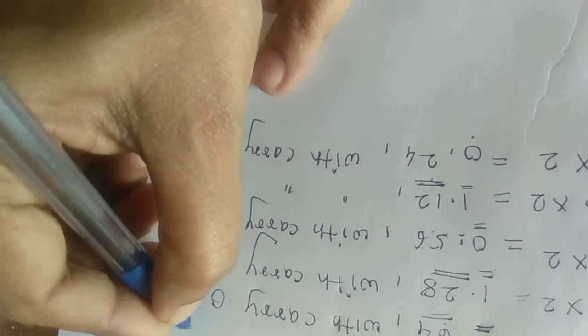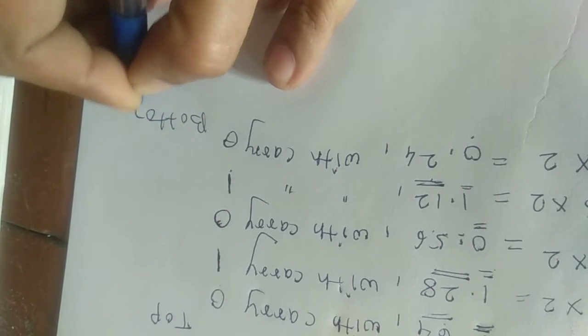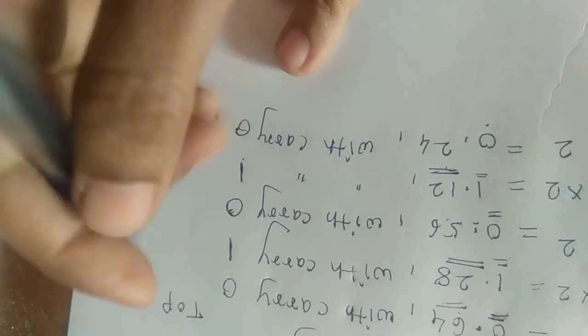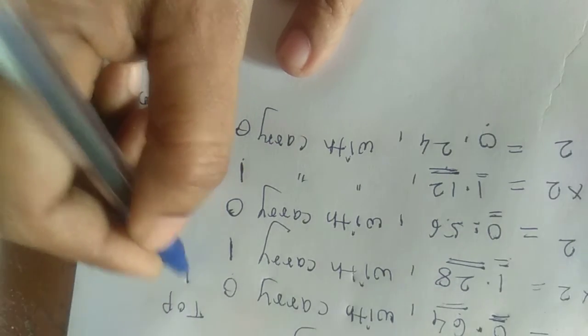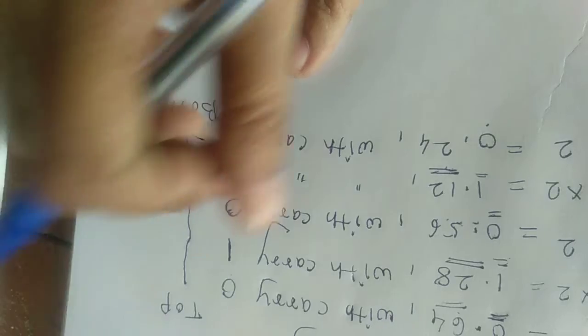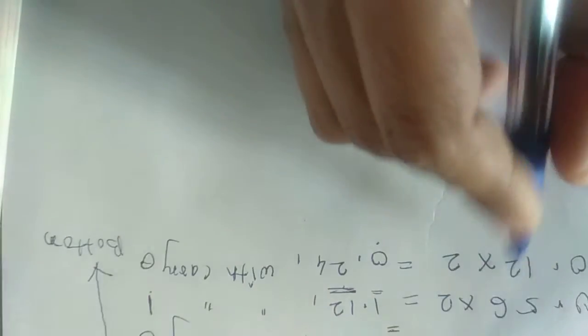Now the answer will be all these carries. Physically this is the top and this is the bottom. Note down all these carries from top to bottom. Write the answer as 0.32 base 10.